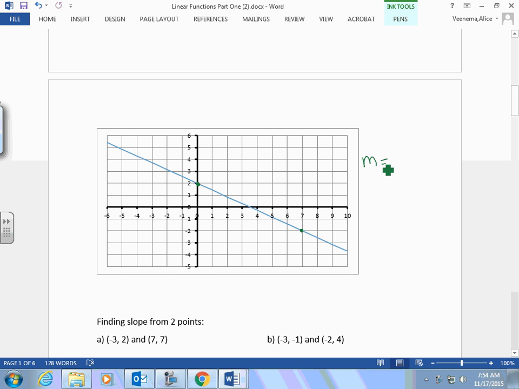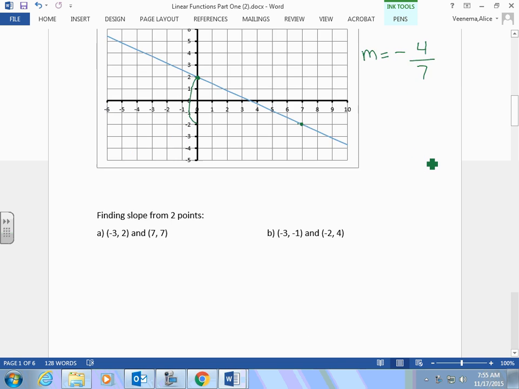So as I'm going left to right, I'm actually going down 1, 2, 3, 4 spaces and going over 7 spaces. So I'm going down 4 and right 7. So this particular line has a negative slope. And if you think about the difference between this line and the previous line, you see that this one goes down as we go from left to right, and the other one went up as we went left to right. So the first one was an increasing function. This one is a decreasing function.